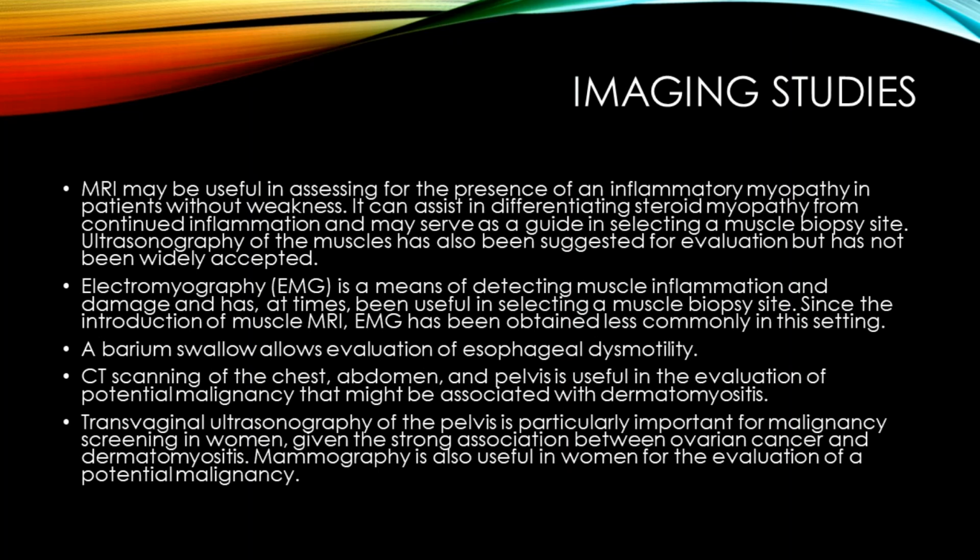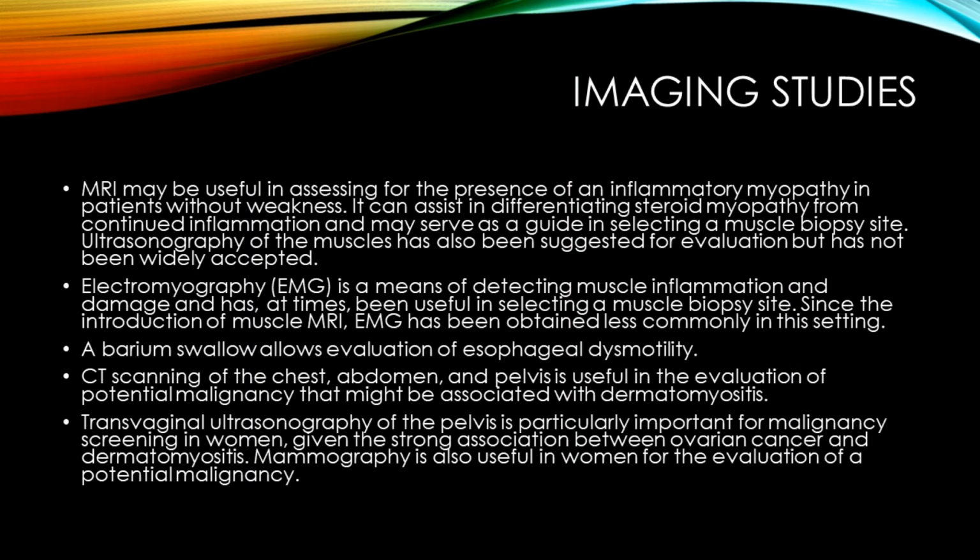Ultrasonography of the muscle has also been suggested for evaluation, but has not been widely accepted. Electromyography is a means of detecting muscle inflammation and damage, and has at times been useful in selecting a muscle biopsy site. Since the introduction of muscle MRI, EMG has been obtained less commonly in this setting.